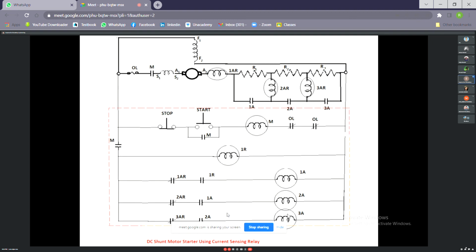So 3A will close, and normally the power current will flow like this, with only one relay in circuit instead of three. So the same thing that we can obtain with a 4-point starter, you can have with a current sensing relay or a voltage sensing relay.